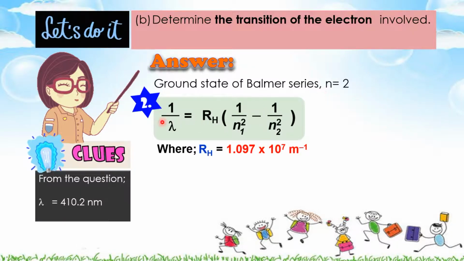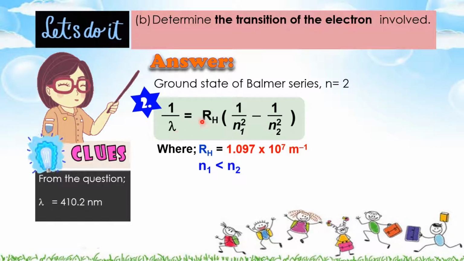We can use this formula, but remember for the value of RH, the Rydberg constant, we choose 1.097 times 10 power of 7 per meter, since we want to calculate the wavelength. The unit for wavelength should be meter. Second, remember about n1 and n2. n1 should be smaller than n2, so that the value of wavelength is positive.